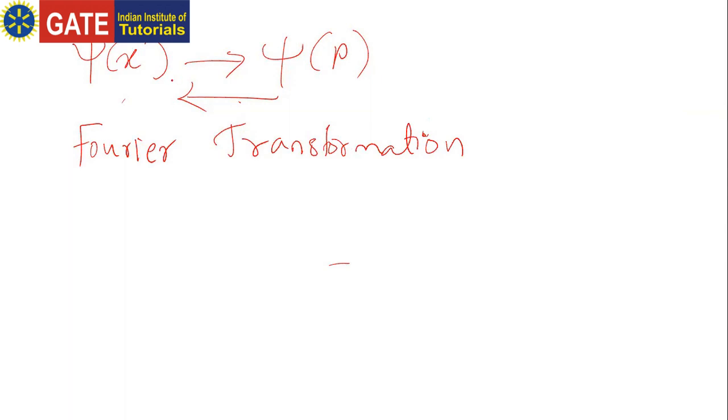Now we are going to change the position space to momentum space, or momentum space to position space, by using Fourier transformation. Psi of x to psi of p.